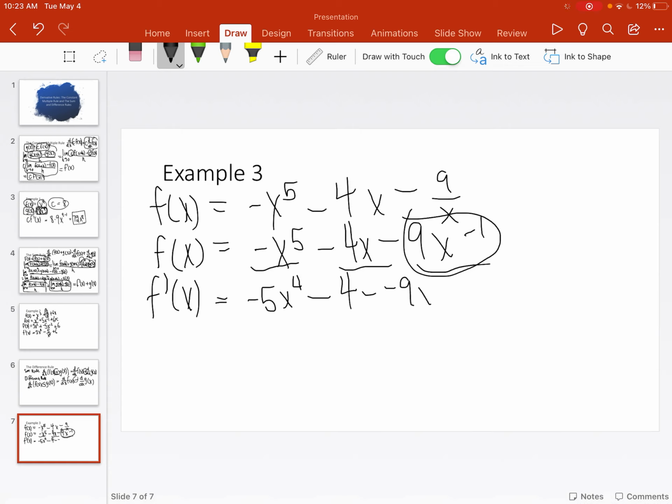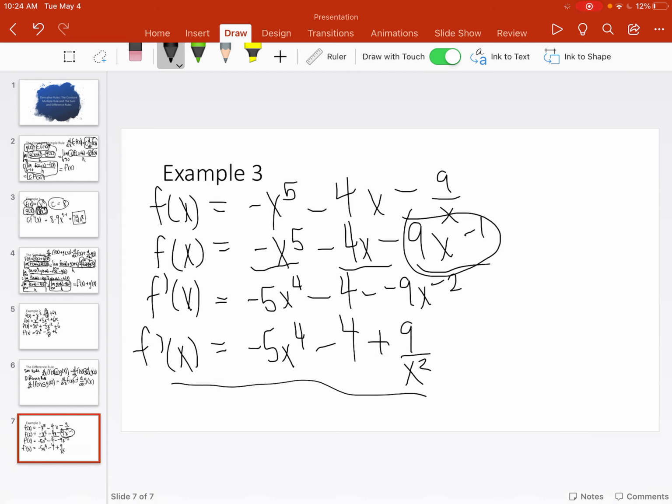We got minus, and bring down the 1, we got negative 9x to the negative 2. Simplifying this, negative 5x to the 4 minus 4, and since we have minus negative 9x to the negative 2, this is going to be plus 9 over x squared.